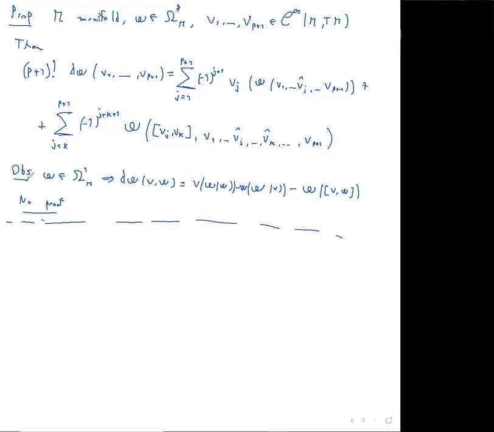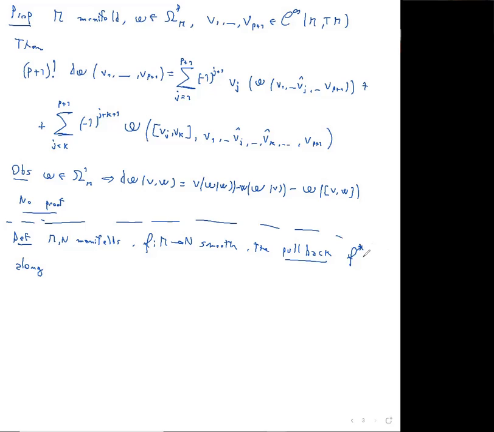Okay, so to work a bit more with forms, let's define the pullback of a form. We have two manifolds, and we have a smooth function between them. The pullback, f star, f upper star.